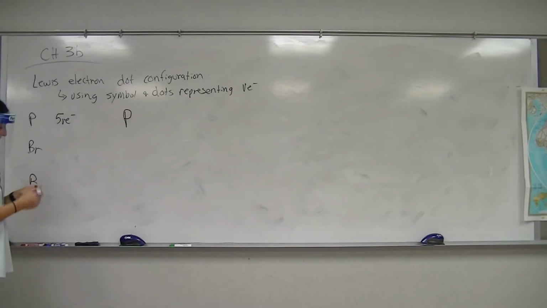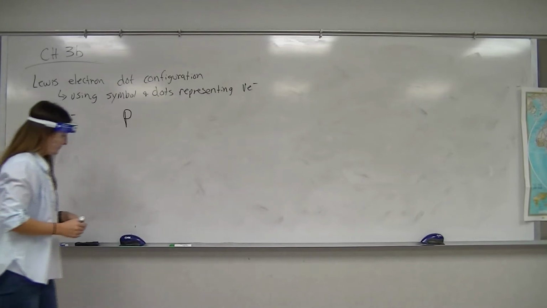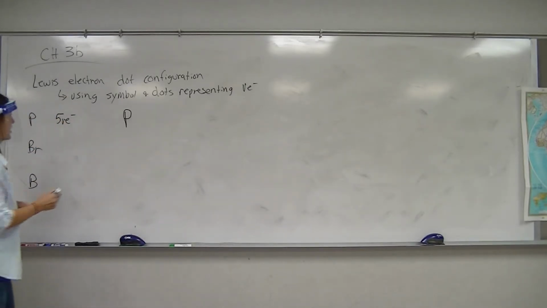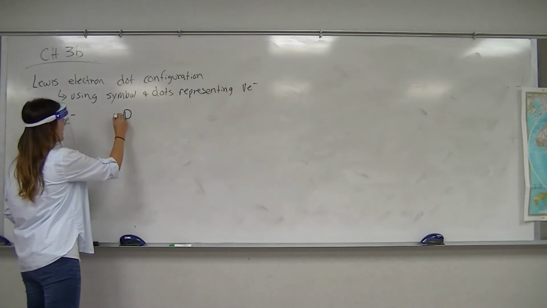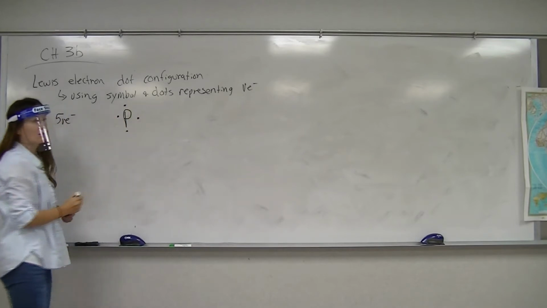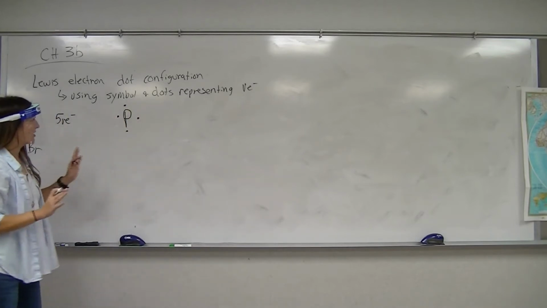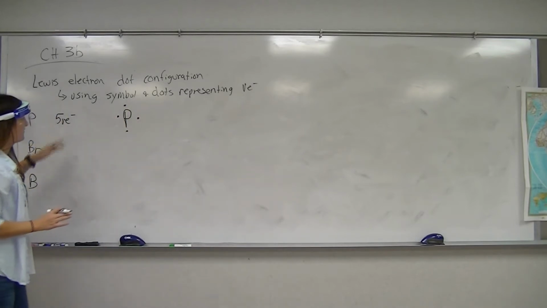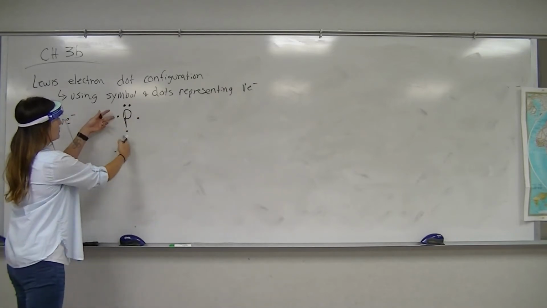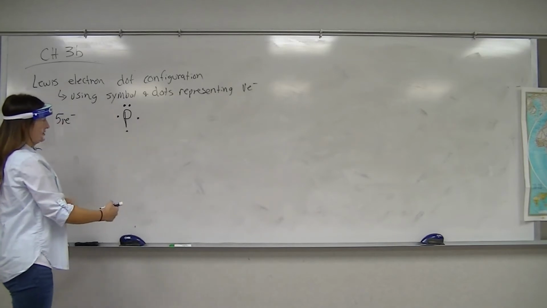Now when we do this, it's kind of like when we did those electron maps that we filled up, the orbital diagrams. You want to make sure to have just one electron on all 4 sides before you pair them. So you don't want to pair electrons if you have to. Since we have 5, we are going to have one pair, but the other 3 electrons should be on separate sides.